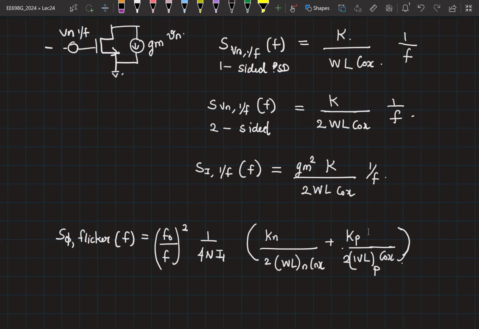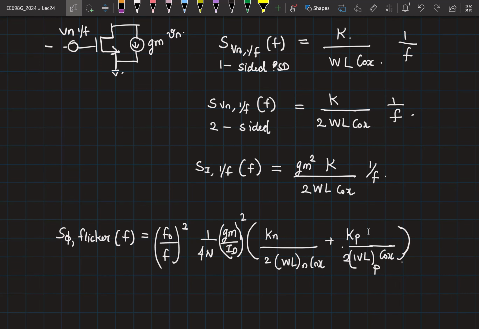Which means I can bring it out and I'll write this as GM by ID the whole square. Did I make a mistake in writing this equation? I missed out the 1 by F, right? So this becomes F0 square and you'll have F cube. Still with me?